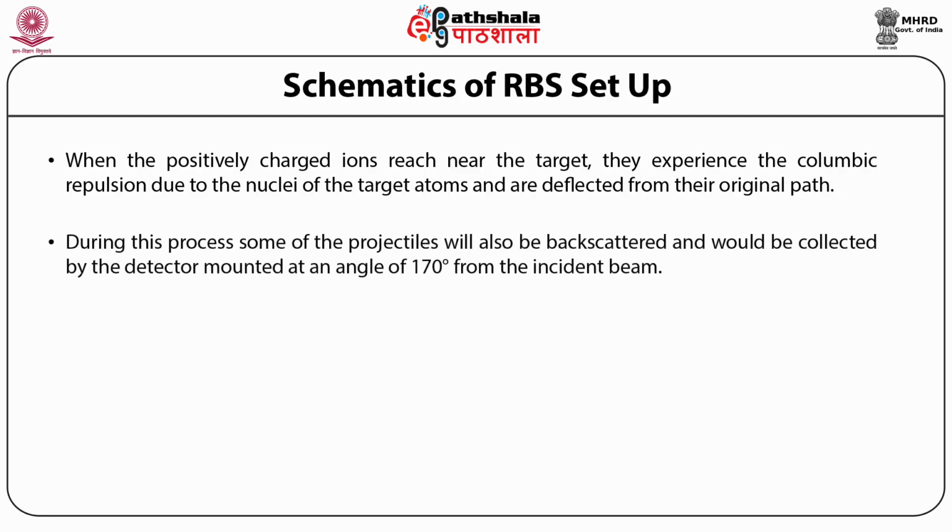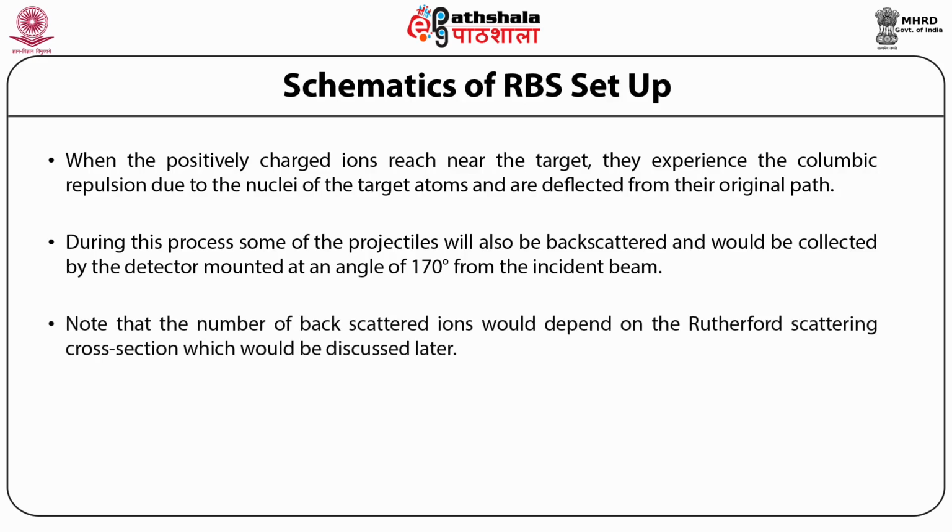During this process, some of the projectiles will also be back-scattered and would be collected by the detector mounted at an angle of 170 degrees from the incident beam. Note that the number of backscattered ions would depend on the Rutherford scattering cross-section, which would be discussed later.